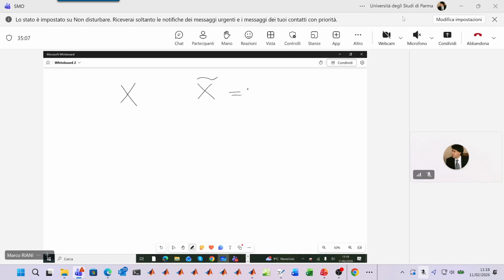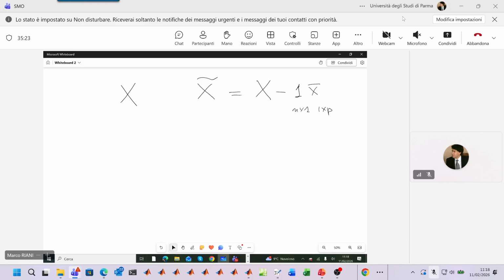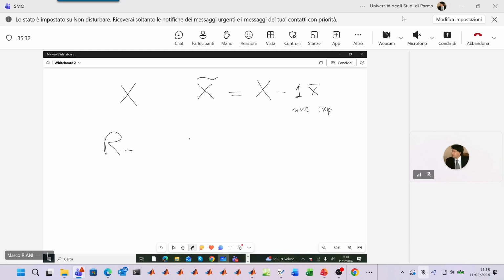X tilde is X minus 1 times X bar, where 1 is n times 1 and X bar is 1 times p. This is in matrix notation, so you remove the averages. And here you do the same from R, and then you want to obtain R tilde, R minus 1 c prime.